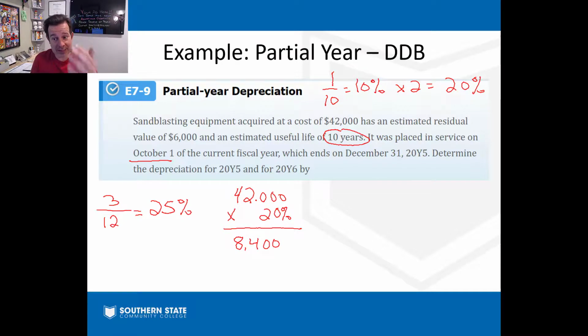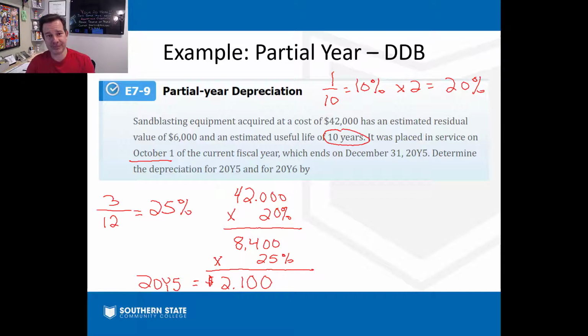Now I can't take the entire amount, I'm only taking 25%, because I only had it from October through December. 8,400 times 25% gives me 2,100. That would be my depreciation in year one. 20Y5, 2,100 bucks.